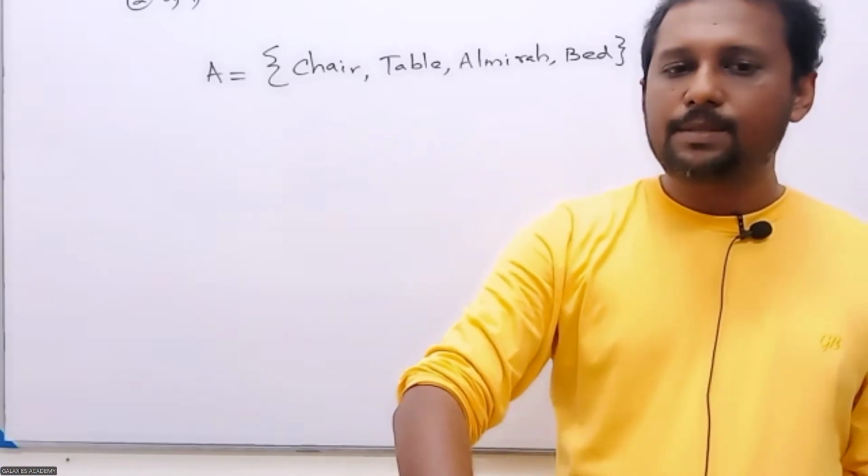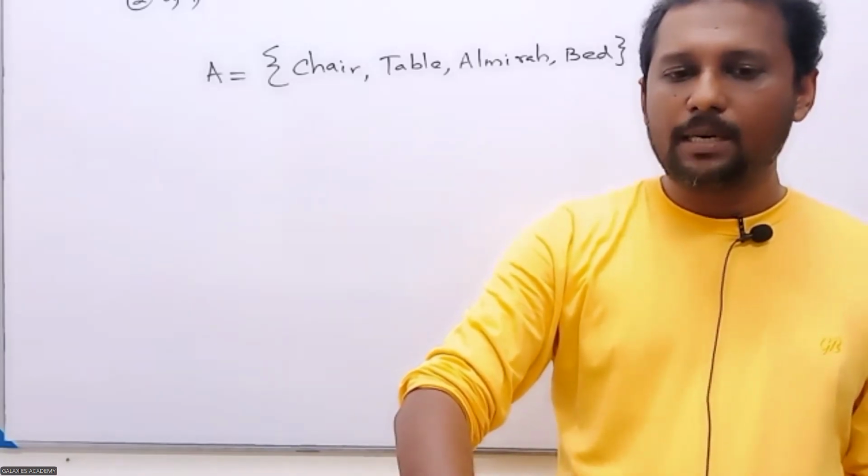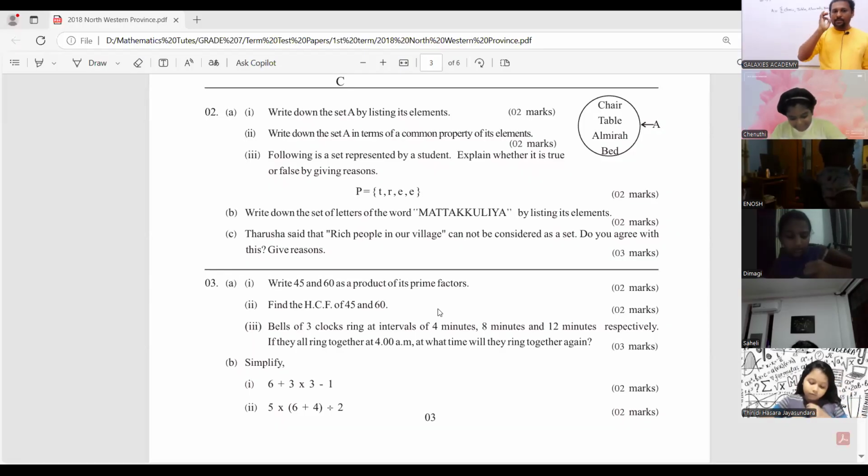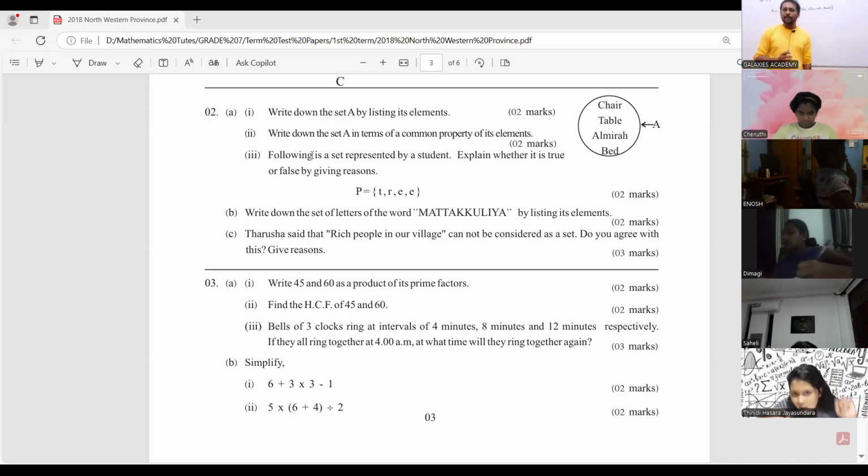Right. Then the next part, Roman number 2. Write down the set capital A in terms of a common property of its elements. If the question says in terms of a common property of its elements, that means you have to write the descriptive method, right? Can you describe what the elements of this set are?